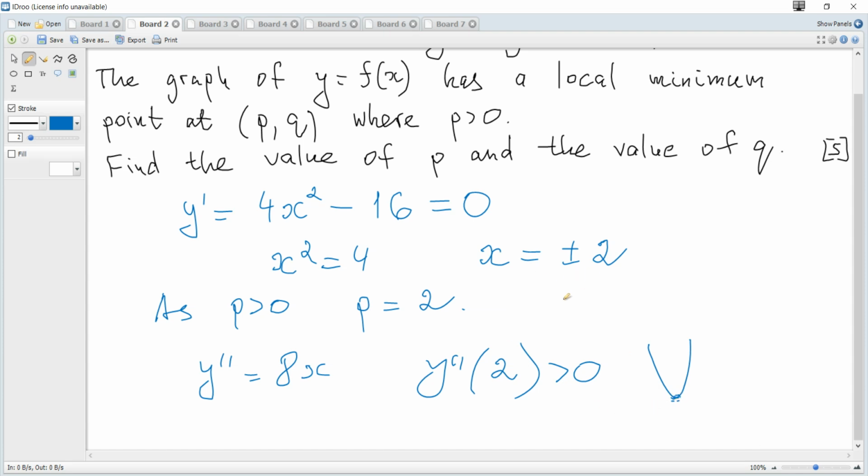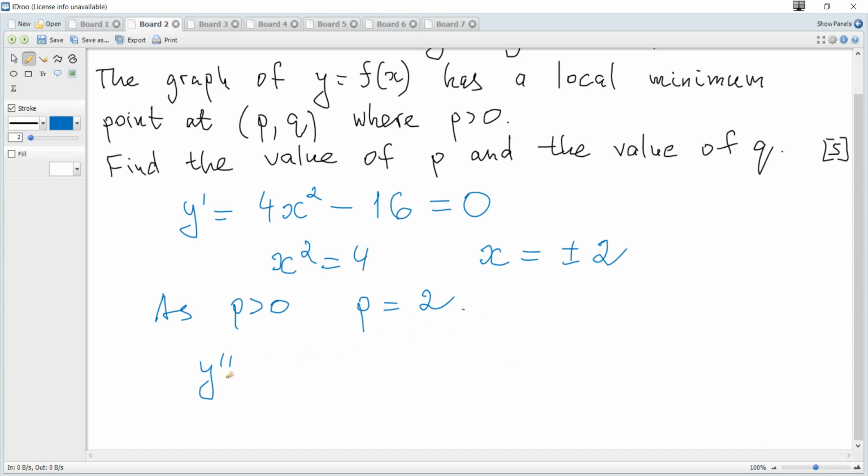If we consider the second derivative at −2, it is negative, which means the curve is concave down, and concave down means it's a local maximum.